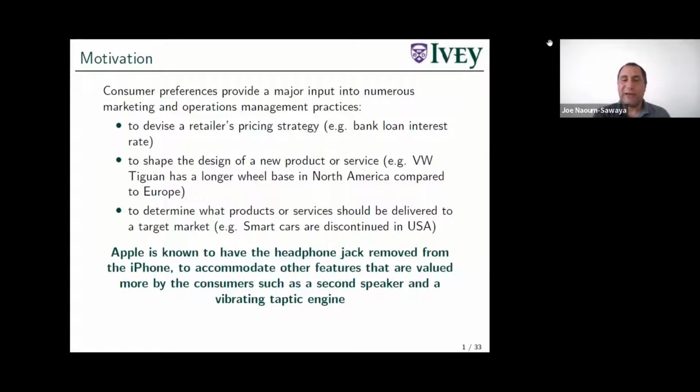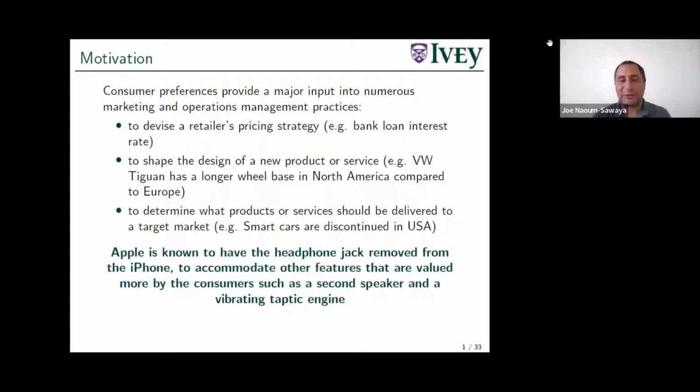And that's really because the consumers, at that point in time, started appreciating other features. For instance, a second speaker that could deliver a better quality voice in the iPhone, or the Taptic engine for vibrating. Consumers started appreciating these features.